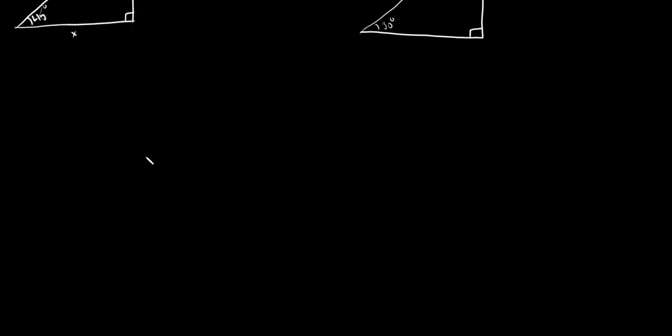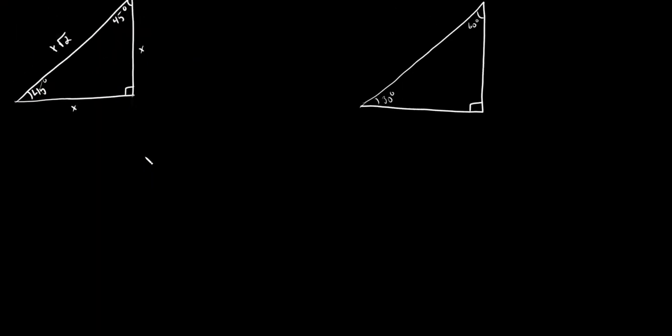Let's say I have a right triangle, and this is a 45, 45, 90, just like the one up there. Let's say this side is 6, and I want to find the rest of the sides.